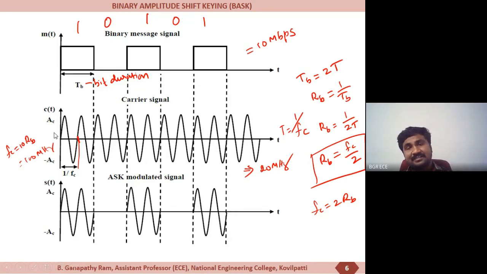The choice of Fc should be fixed in such a way that co-channel interference and adjacent channel interference should not occur.